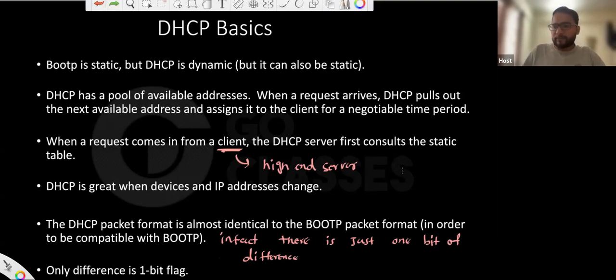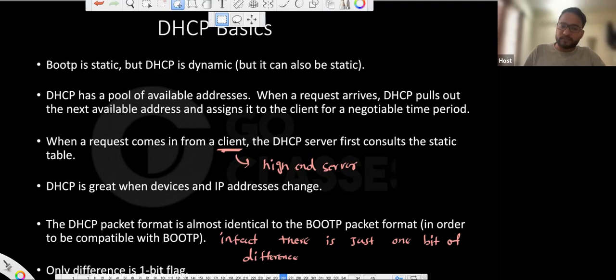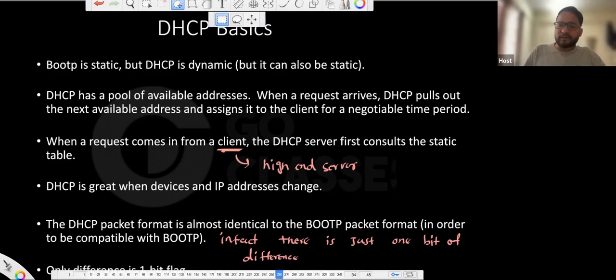I do not have that packet with me, but in that packet there is a flag. If it is 1, then it is BOOTP, and if it is 0, then it is DHCP, or maybe vice versa. I do not remember the configuration. Maybe for 0 it is BOOTP and for 1 it is DHCP. It is just a difference of one bit of flag.